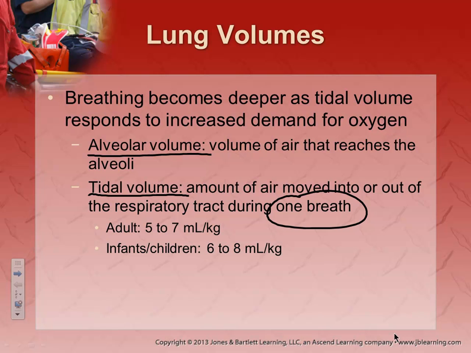Normal tidal volume is 5 to 7 milliliters per kilogram, which roughly equals about 500 to 750 milliliters. And then infants is 6 to 8. So alveolar volume is the volume of air that reaches the alveoli with each breath. The tidal volume is the amount of air that's taken in or out with each breath.